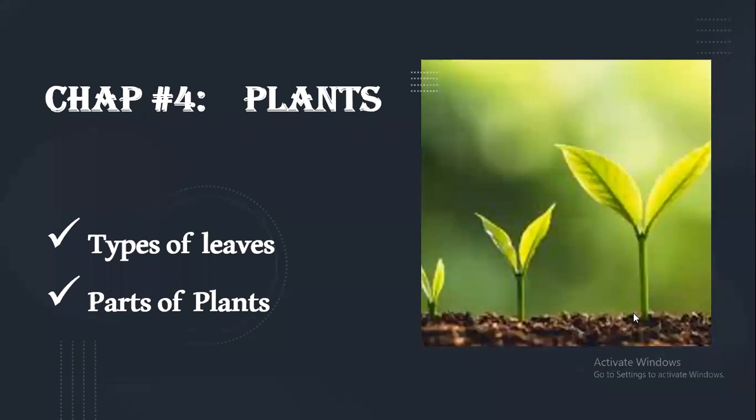The seed germination has just occurred. When there is seed germination, this small plant is shown on the surface. So this is a very small seedling. This one is the leaf and this one is the stem.